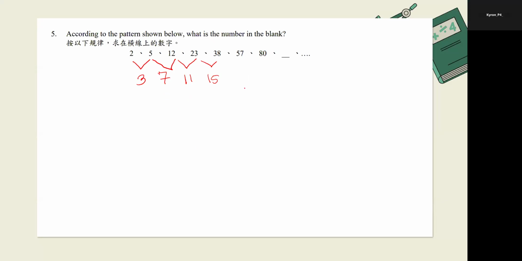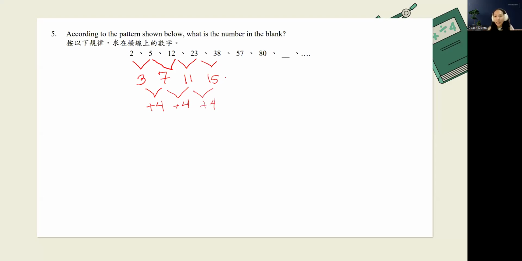The difference is added by 4. Yes, we still need to add 4. So this one right here, you can also see a pattern between the differences is that we're constantly adding 4 to it.